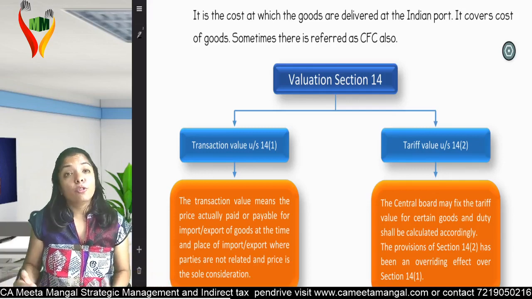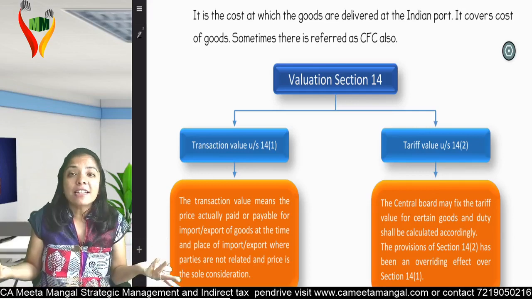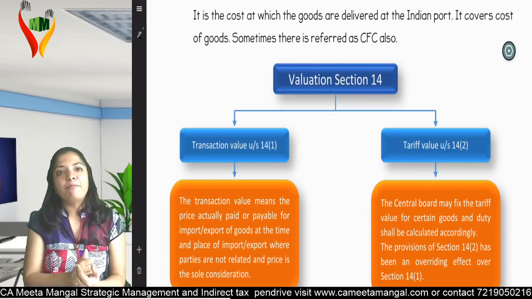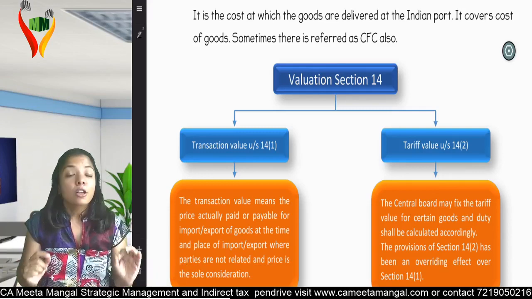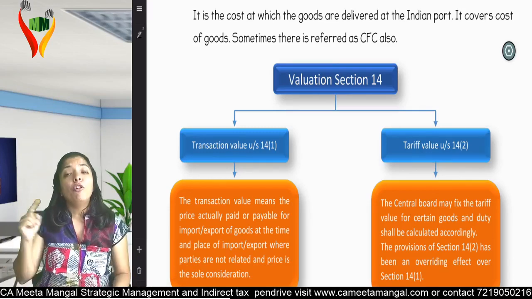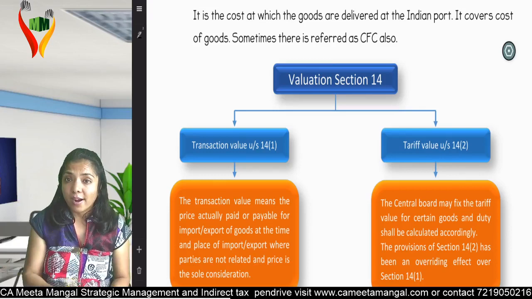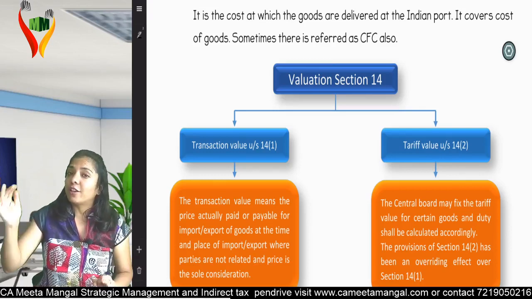Provided now you were lucky that the tariff value was given, but we were not aware of the concept, we would have put in all the effort of calculating the transaction value. So in short, 14(2) overrides 14(1), or 14(2) prevails over 14(1). That means if tariff value is given, you will have to go for tariff value.